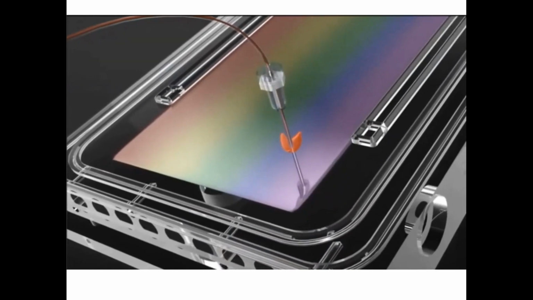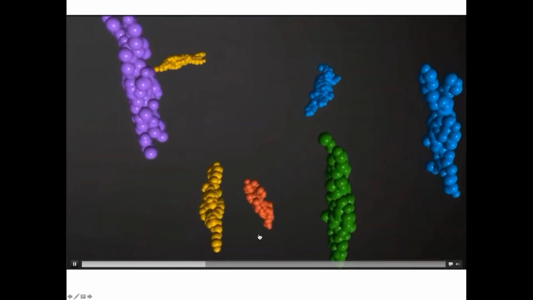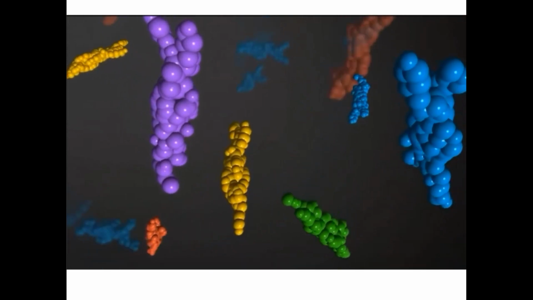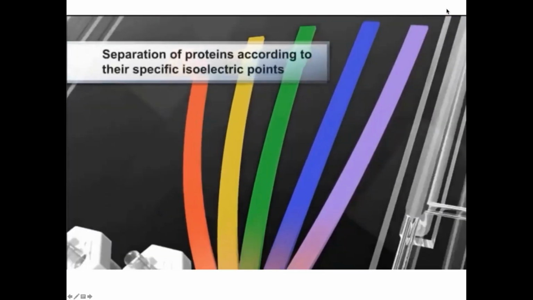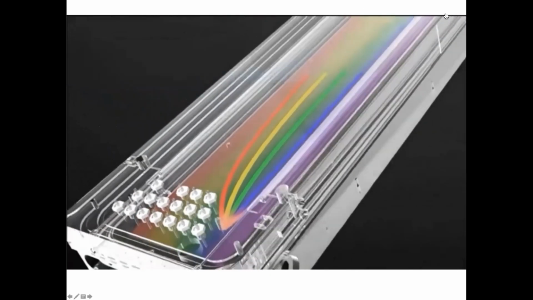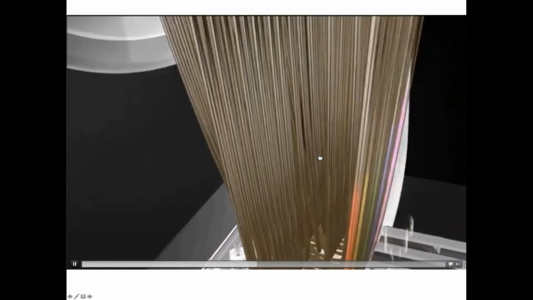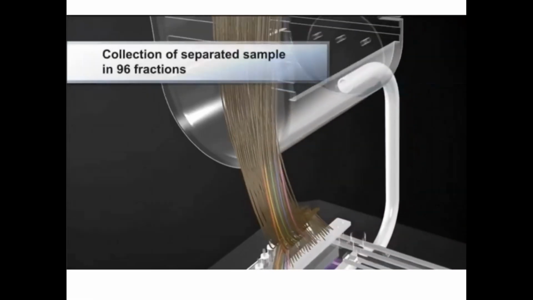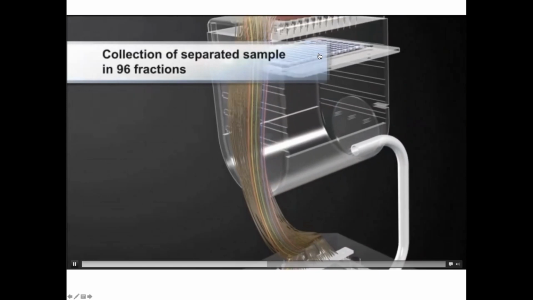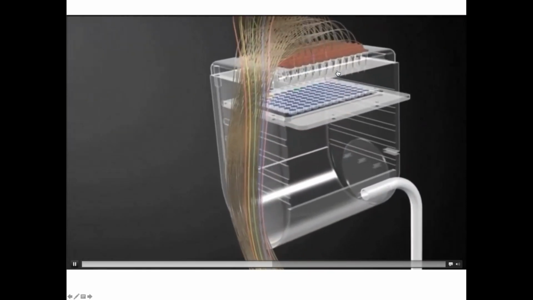Then we apply the sample here on one side. And the sample contains, for instance, proteins, protein aggregates of different size, of different charges in this mixture, and they start now flowing through the chamber, and according to the isoelectric points, they get separated and then are collected here on this other side of this gradient where they migrate in little tubes that suck off the medium that comes and transfer it, for instance, into 96 well plates where the samples can be collected.